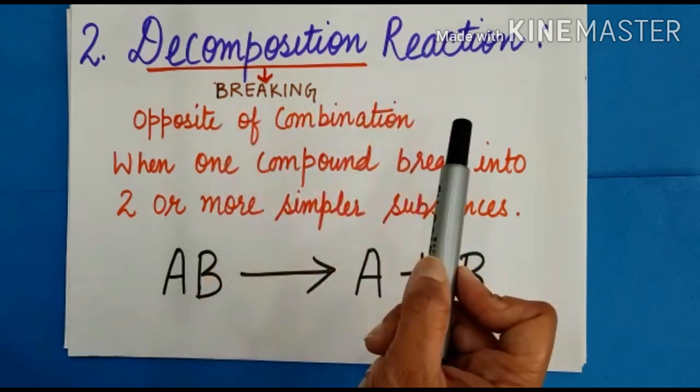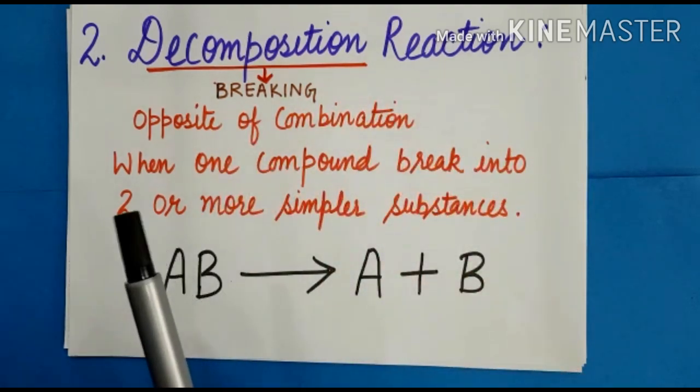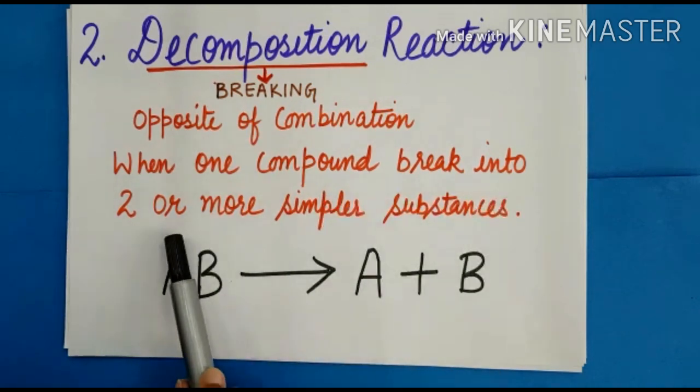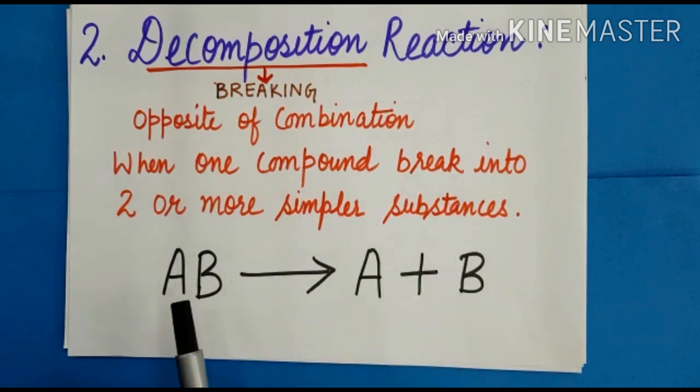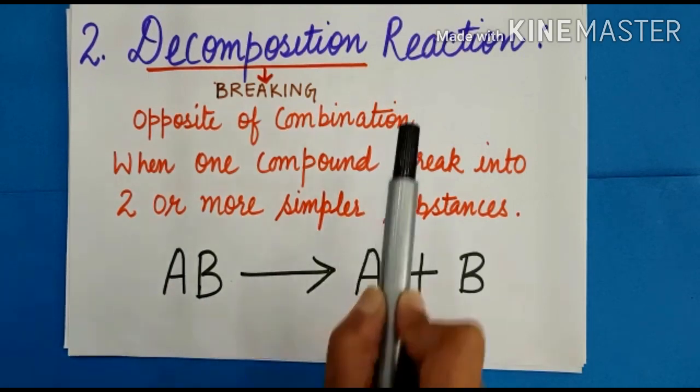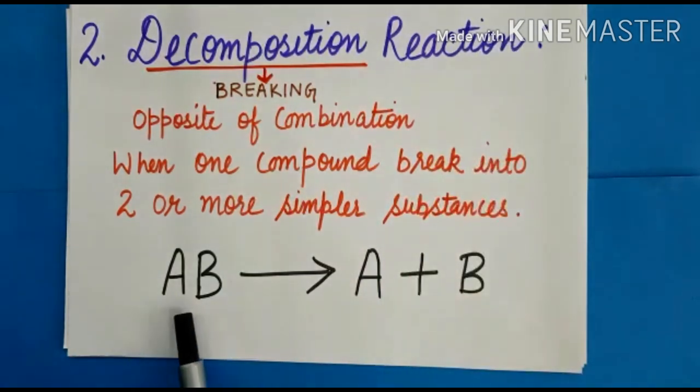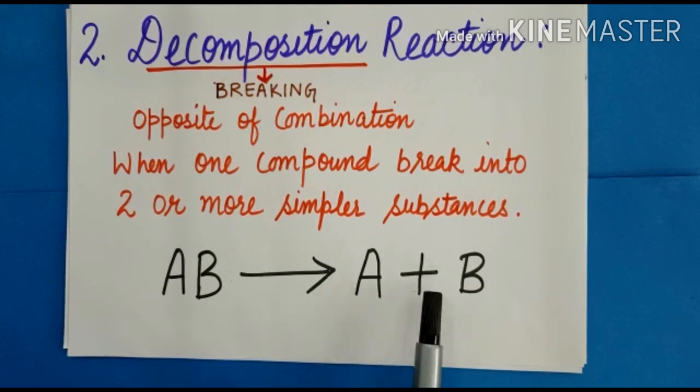So the decomposition reaction is like that, when one complex compound breaks into two or more simpler substances. And the important point is this: on the reactant side only one single compound is there. So just keep in your mind, only one single compound should be on the reactant side to identify this decomposition reaction. So this is the general example. This is AB, a compound, and it breaks into its constituent particles like A plus B.